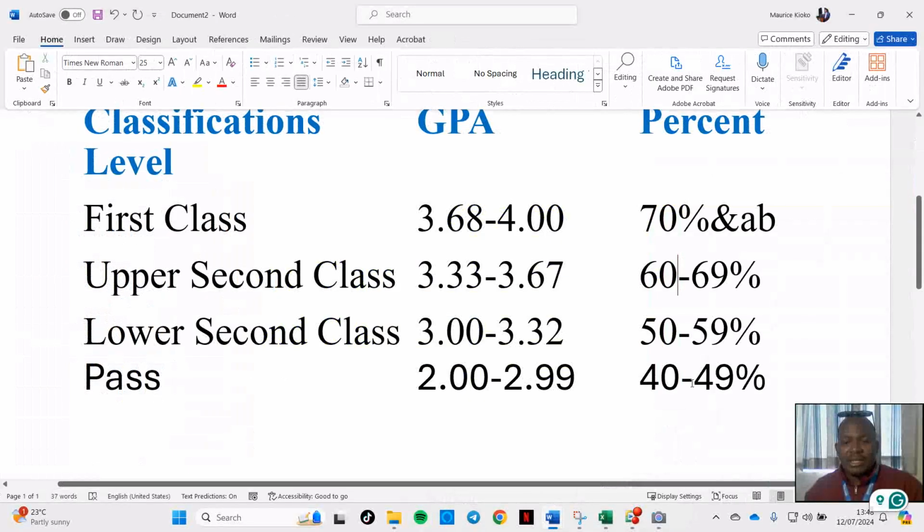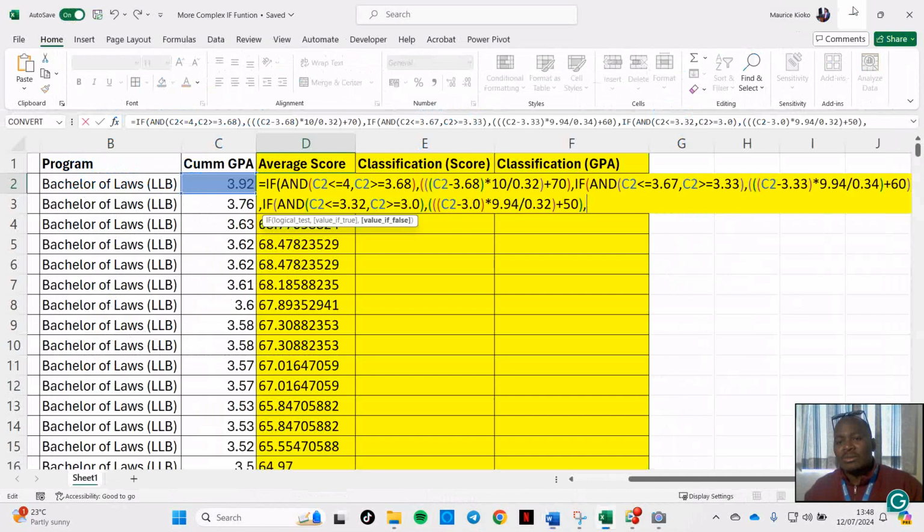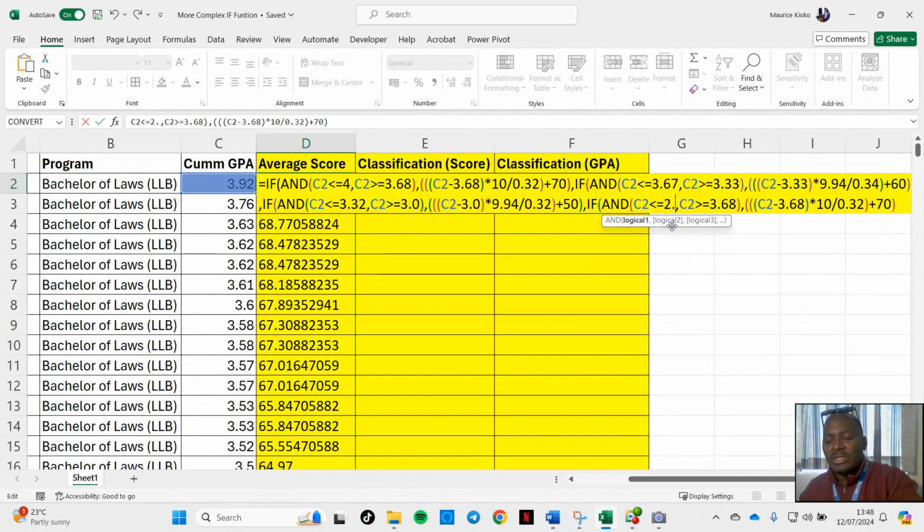The last part which is remaining, under the scale of parts, is 2.0 to 2.99 and 40 to 49. So you paste. Then you say the upper limit here is 2.99. Here it means 2.0, and then here we minus 2.0. Here we retain 9.94.